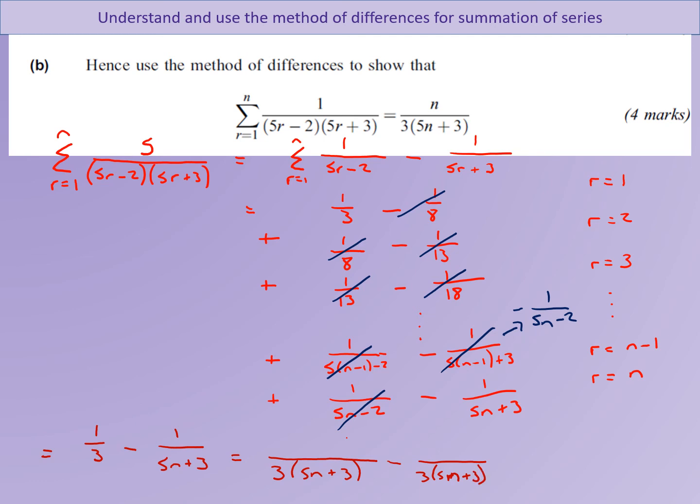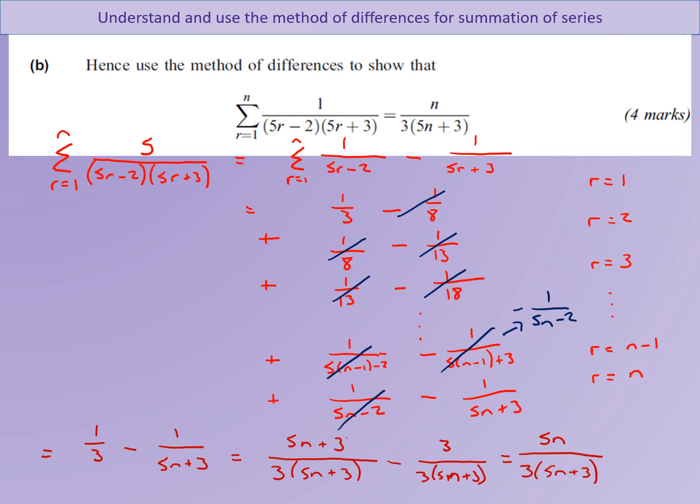So the first fraction has got 5n plus 3 on top. And the second fraction, we've multiplied the top and the bottom by 3. So we end up with 5n on the top over 3 bracket 5n plus 3 on the bottom.